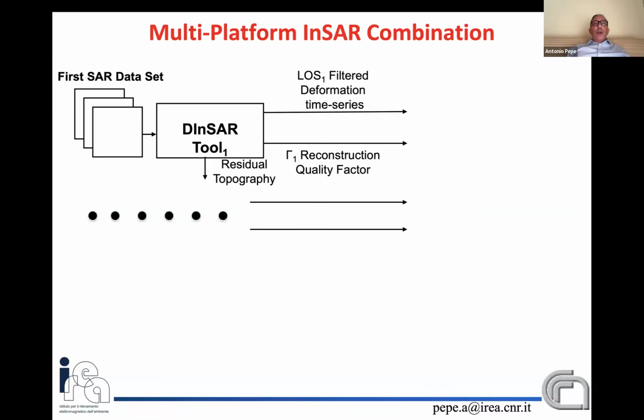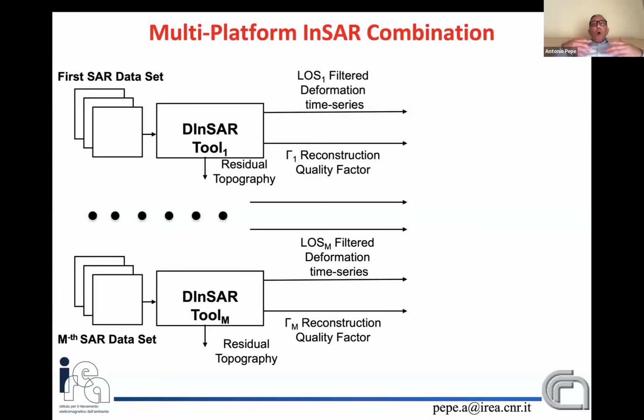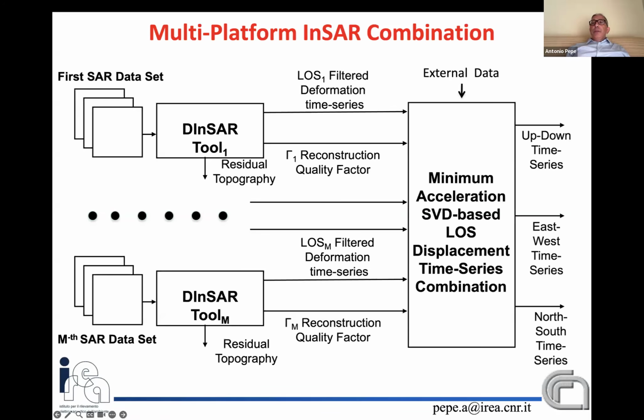We have a third SAR dataset. So in general, we have more SAR datasets. So the general idea is to combine the line of sight projected ground deformation time series obtained separately from these different SAR datasets in order to estimate the 3D components.